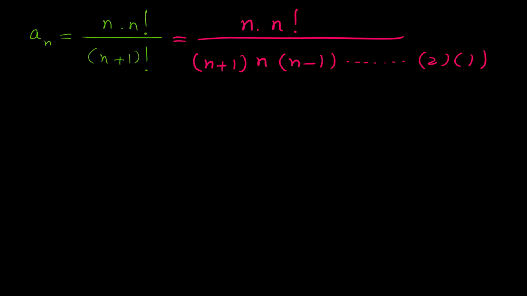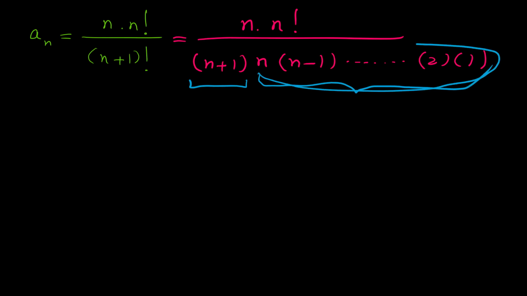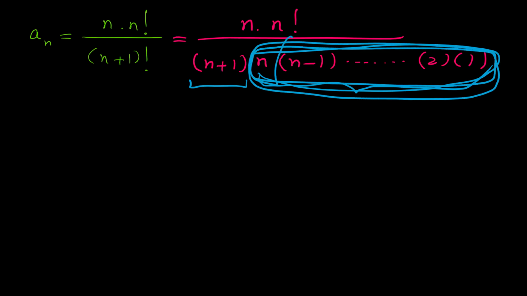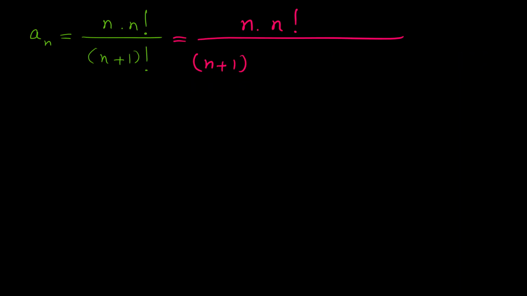No. Here, the better way for opening n plus 1 factorial is to just write n plus 1, and instead of opening all of this and writing all of these terms, what are all of these? If you remember the definition of n factorial, this is exactly n factorial. And because in the numerator we also have n factorial, instead of all of this, it's better to write just n factorial. Now this cancels with this, and we have n over n plus 1.